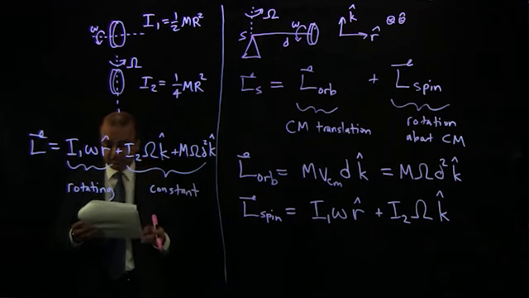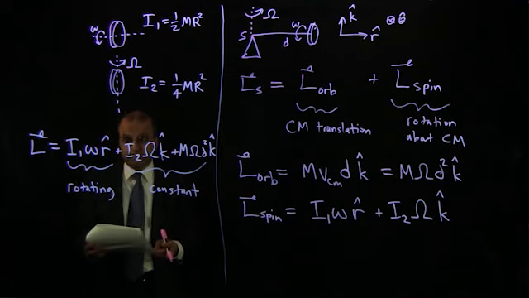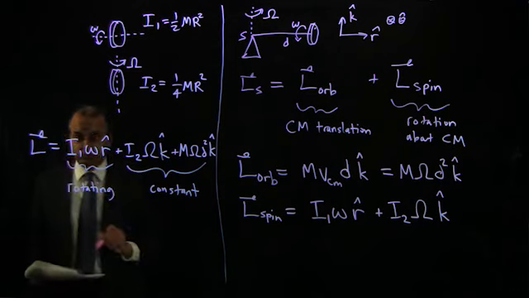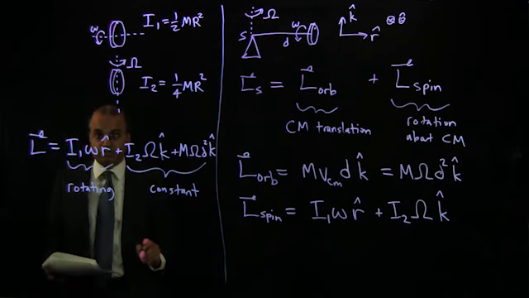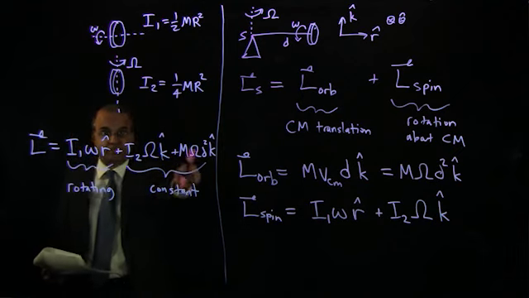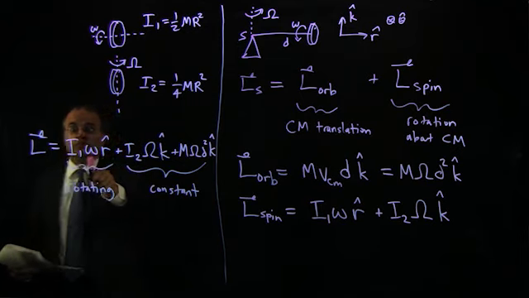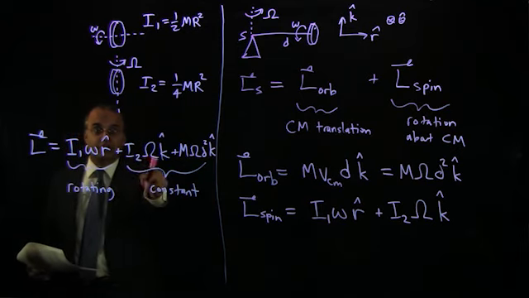And now we see the gyroscopic approximation, more precisely, is saying that this rotating term dominates over the other two terms. So it's actually that this term is very large compared to either of these two terms, which, as we can see, is roughly equivalent to saying that little omega is very large compared to big omega.